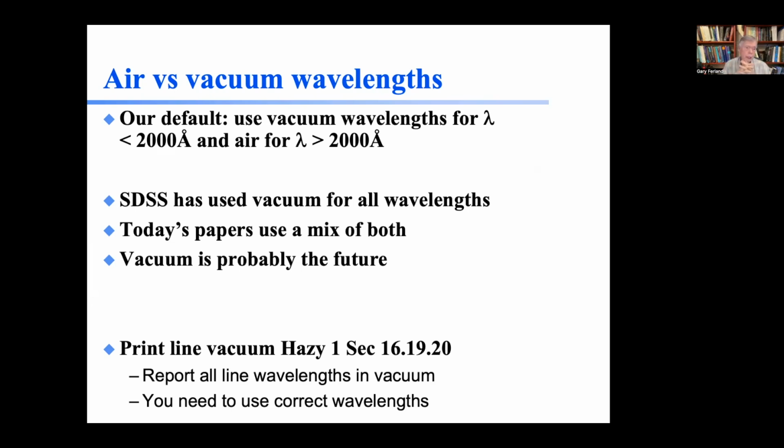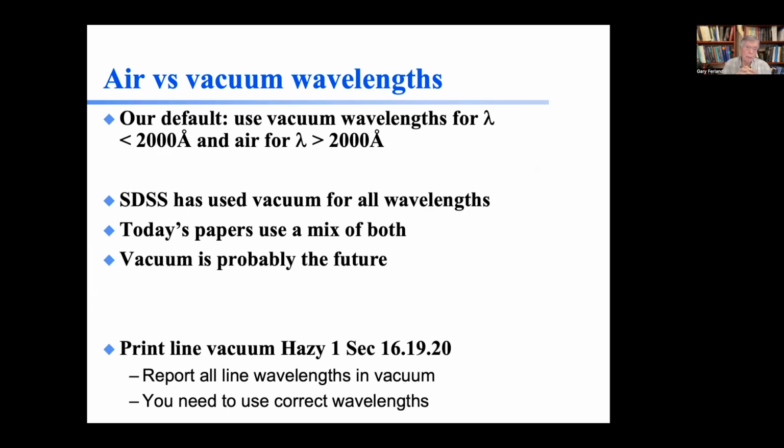This is changing. SDSS has always used vacuum for all wavelengths because their one telescope on the ground can look anywhere in the universe, at low redshift, high redshift. JWST is even worse. It works at low redshift in a galaxy, and it also works at redshift 10. And so a given telescope will be looking at, in its rest frame, a particular wavelength, but it will be seeing transitions of a broad range of wavelengths.